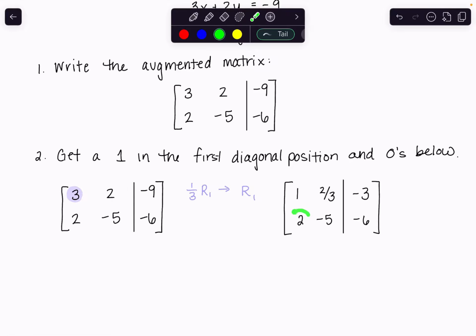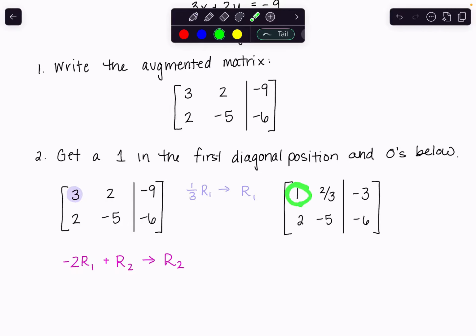Now I want to get a 0 here. So I'm always going to utilize that 1 I put in the diagonal position because I want to get a 0. So if I take -2 times this row and add it here, that's going to cause a 0. So the operation we're going to do is -2 times row 1 added to row 2 becomes my new row 2.